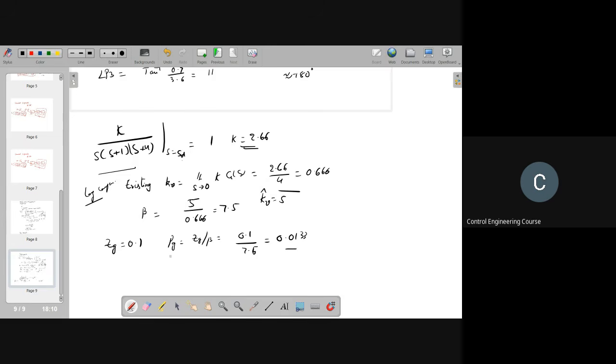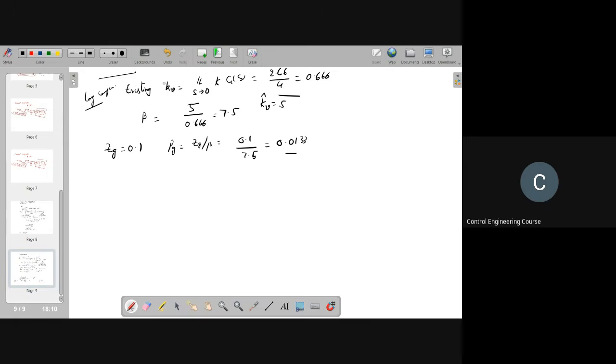So the overall lag compensator is s plus 0.1 divided by s plus 0.0133. This is your compensator.